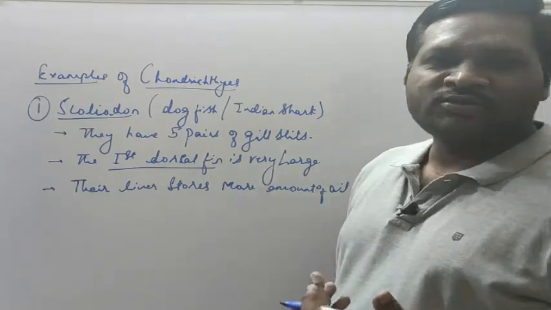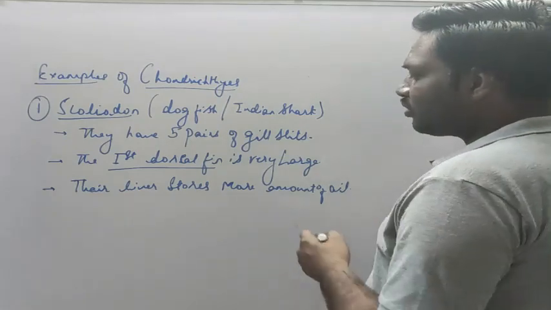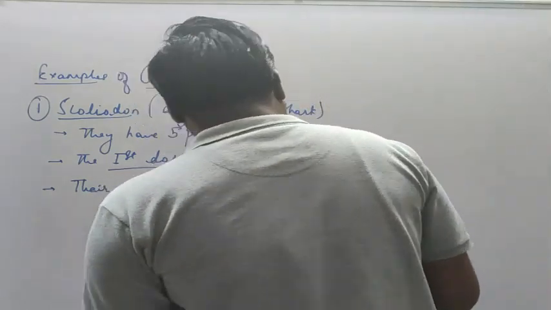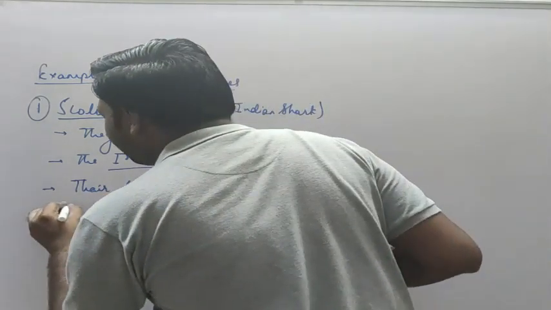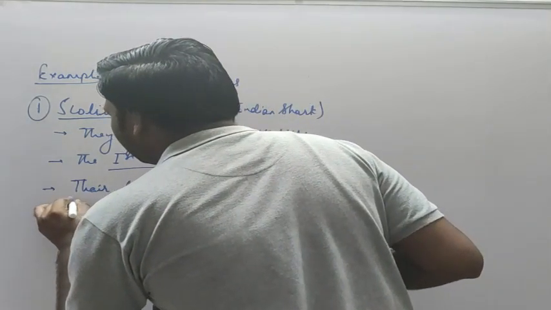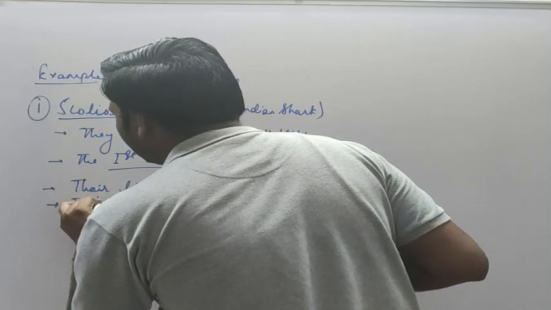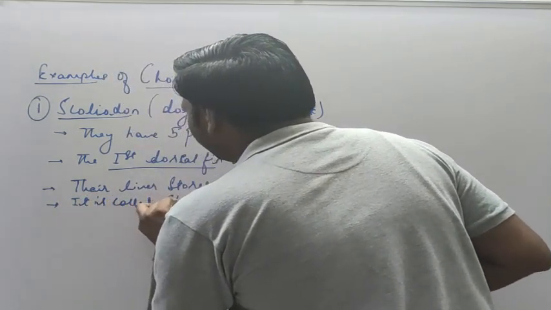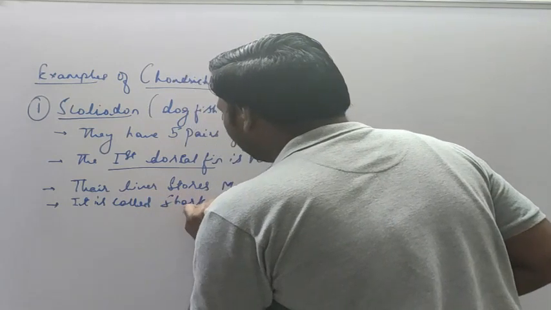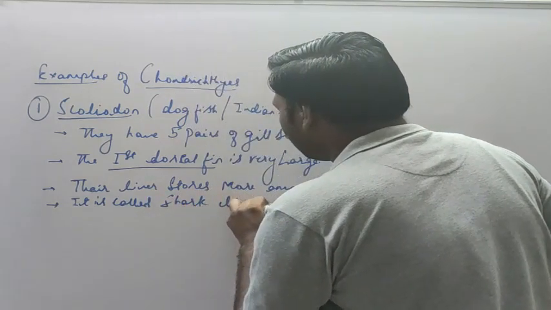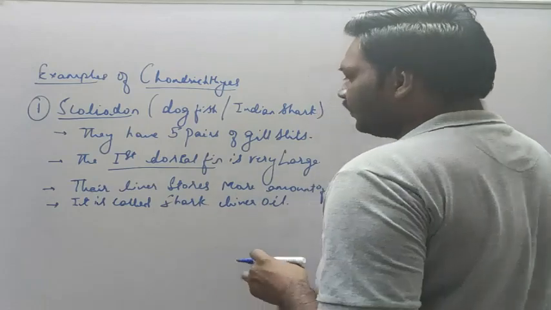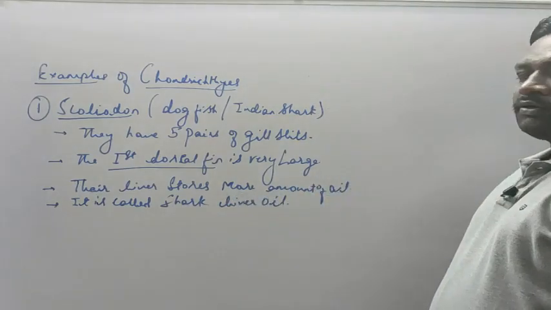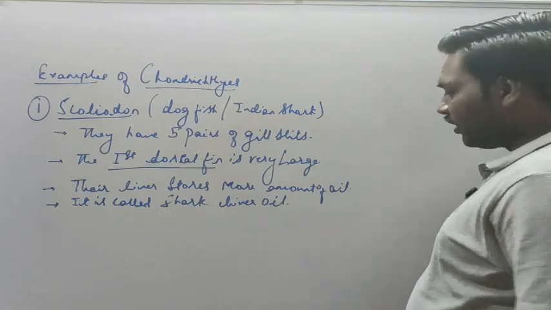Most probably we are using it as a medicine. So they store the liver oil, which is called shark liver oil. That is the shark liver oil, which is stored within the liver of the sharks.